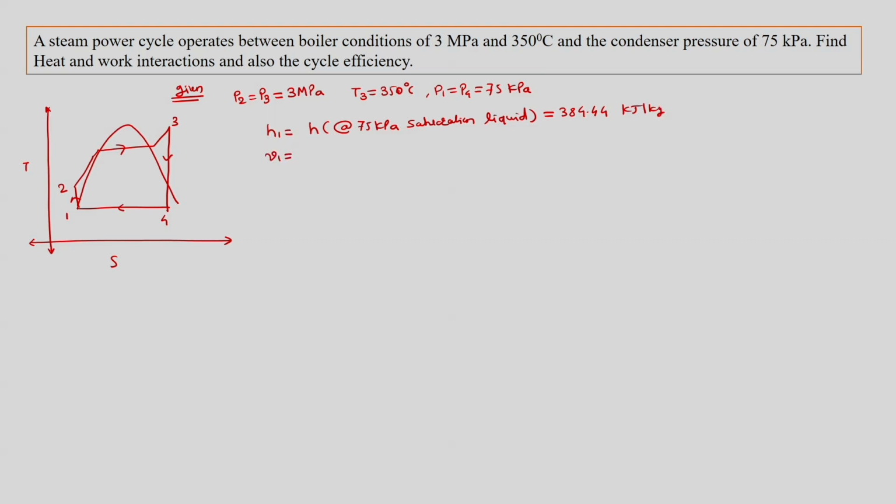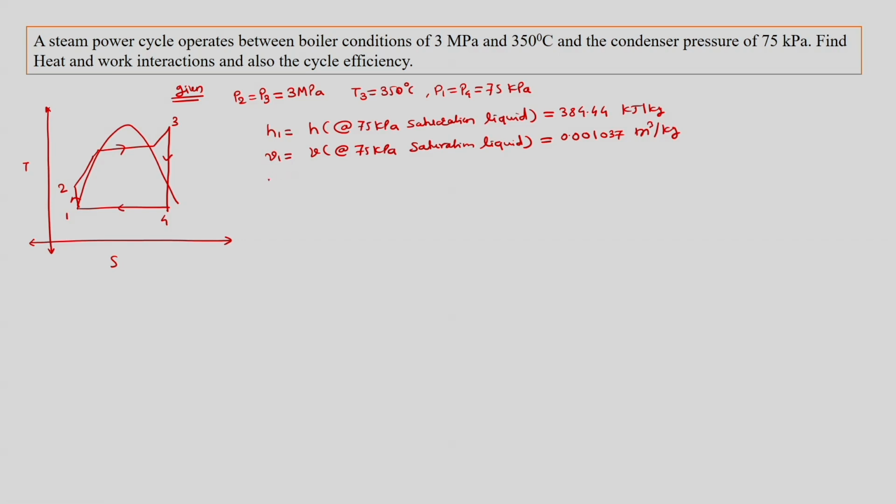Here we also need to find out the specific volume at 75 kilopascal saturation liquid, and this will be 0.001037 meter cube per kg.